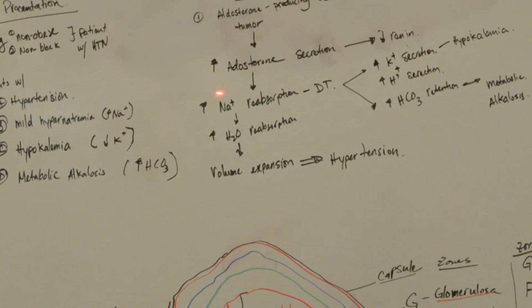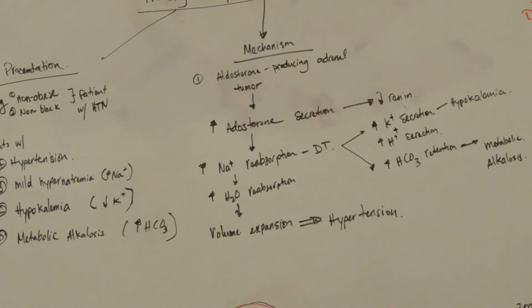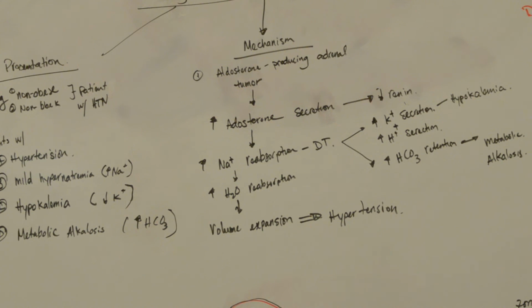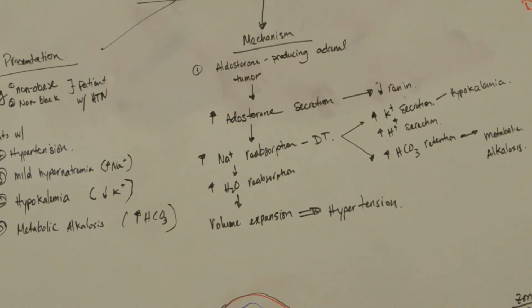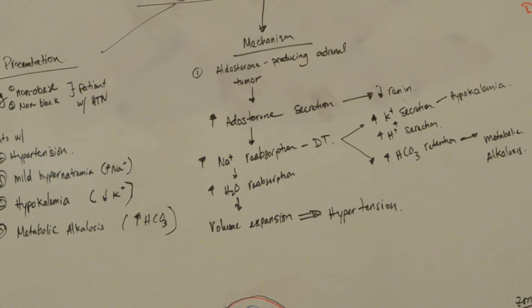So it makes sense that when there's an increase in the secretion of aldosterone, we have an increase in reabsorption of sodium. An increase in reabsorption of sodium will cause an increase in the reabsorption of water, because water mainly goes along with sodium. Wherever sodium goes, water will go with it. So an increase in water reabsorption in our body will lead to volume expansion, and that causes hypertension.